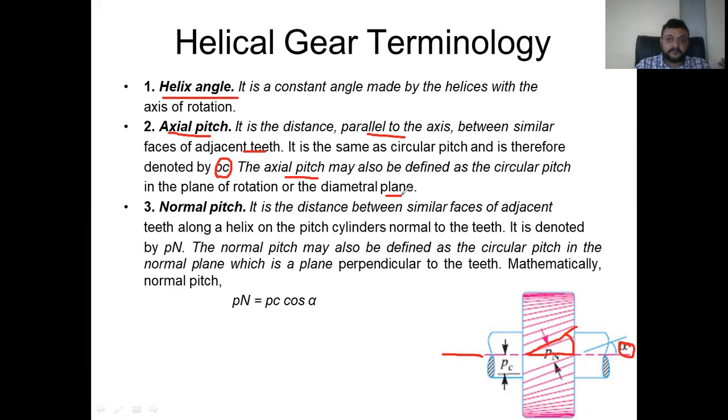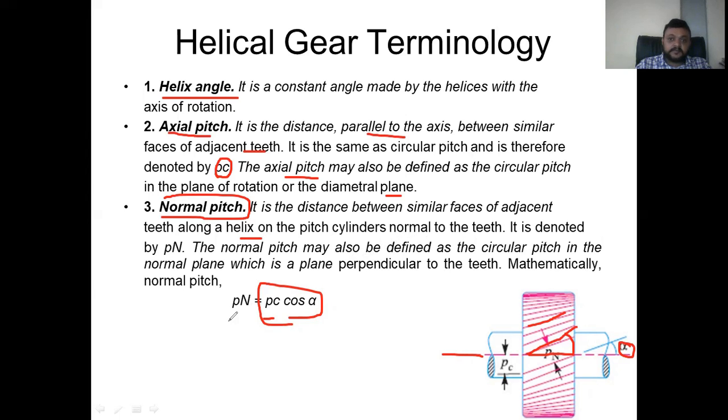Pc is almost the same. The main difference is the normal pitch. What is normal pitch? Pc into cos alpha, where alpha is the helix angle. It is the distance between similar faces of adjacent teeth along the helix, on the pitch diameter, normal to the teeth.